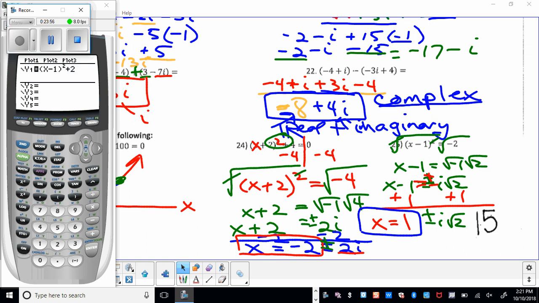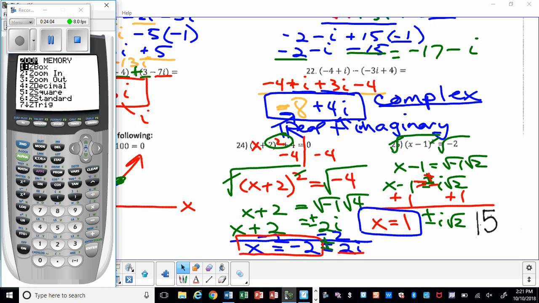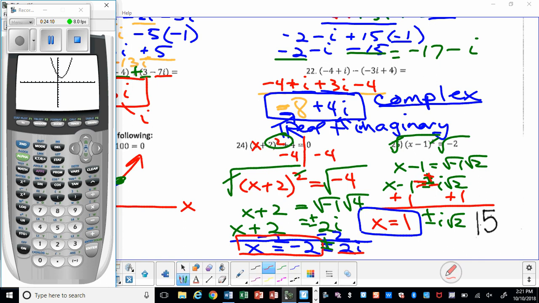So I would add 2 to that side, and then if you go ahead and graph it, there it is. Actually, let's do zoom 6 so we can see it better. All right, so see, the axis of symmetry is x equals 1, right there, and then the two imaginary roots, one on the right and one on the left. Okay, fantastic, good job.